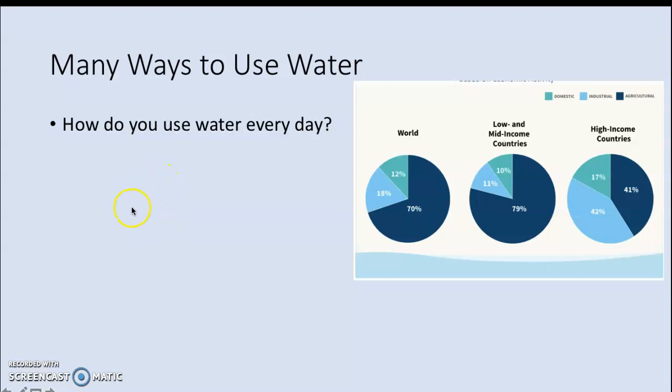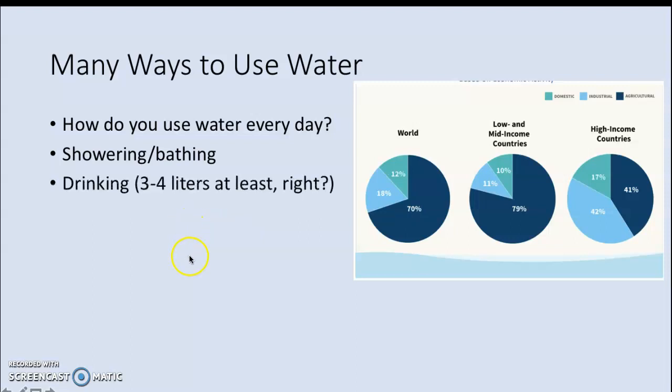How do you use 1,200 cubic meters of water every year? Think about how you use water every day. For instance, showering and bathing. We like to be clean in the United States. We all take very thorough, very long, very hot showers, probably most of us every day, right? We also drink a lot of water here in the US. We are told we must drink 3 to 4 liters per day, right? How else do you use water?